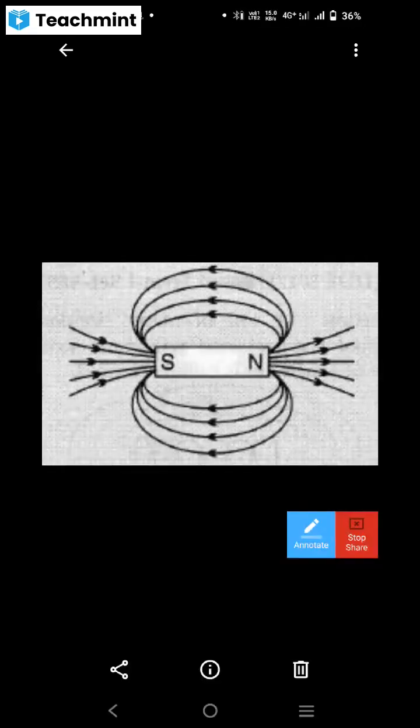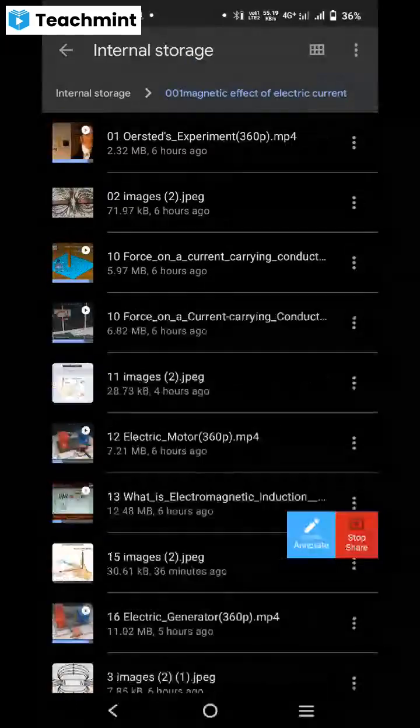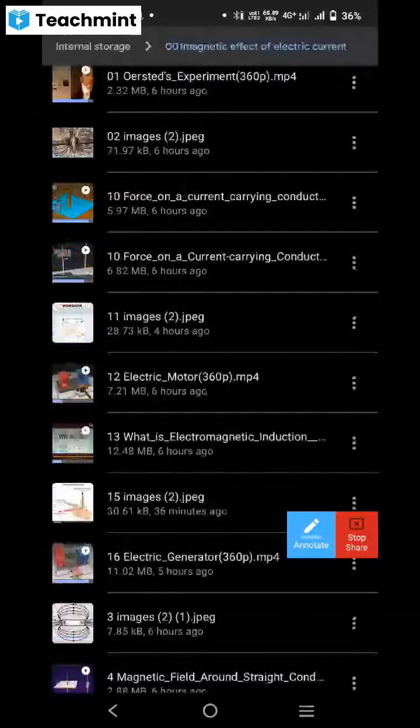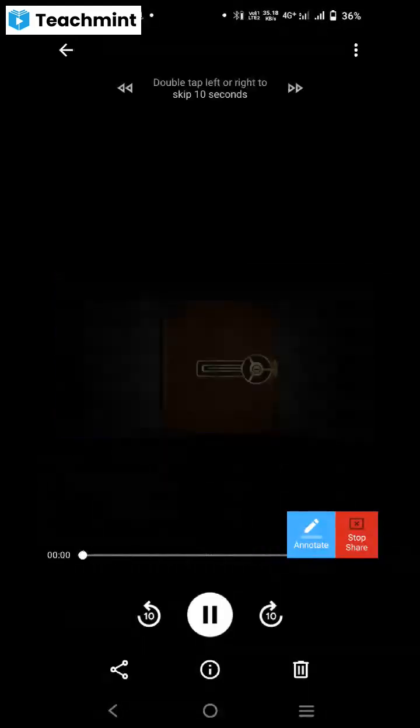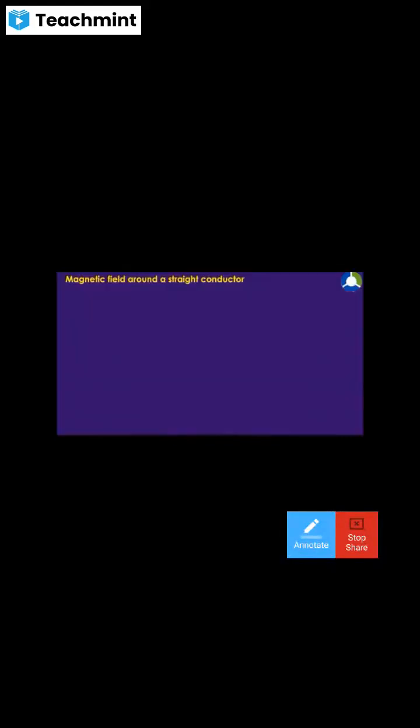Okay, now let us see how the magnetic field is in a straight conductor. Just observe that.